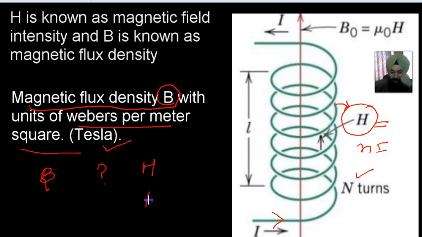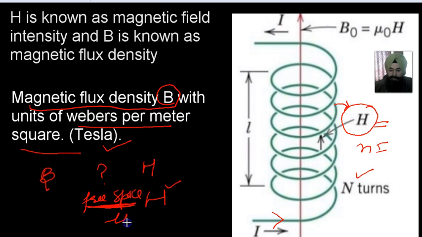the magnetic field intensity. But when the magnetic field intensity comes into the space in the coil, or the surrounding medium is free space, or maybe a vacuum, then the vacuum or free space interacts with the generated magnetic field intensity.